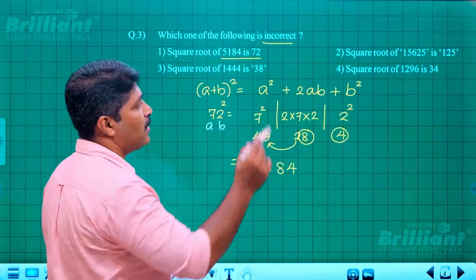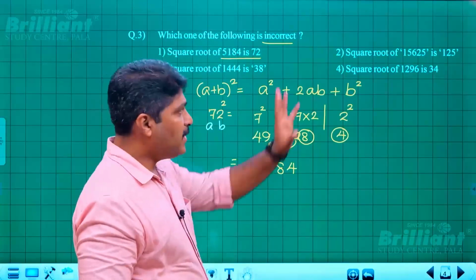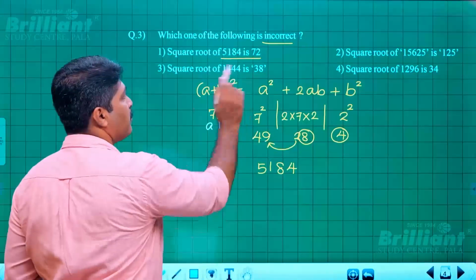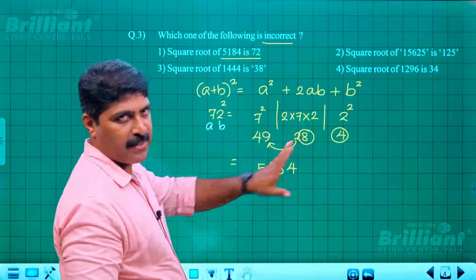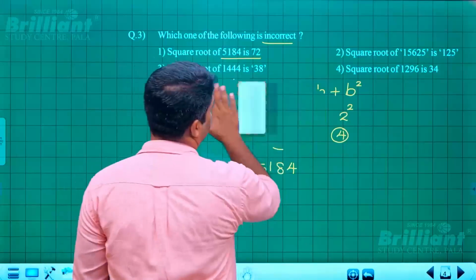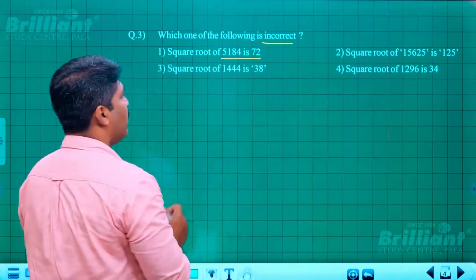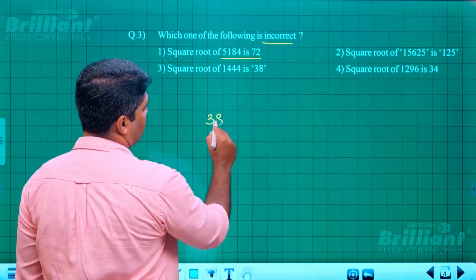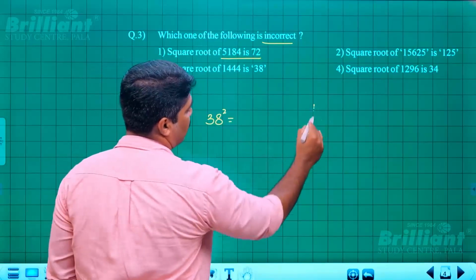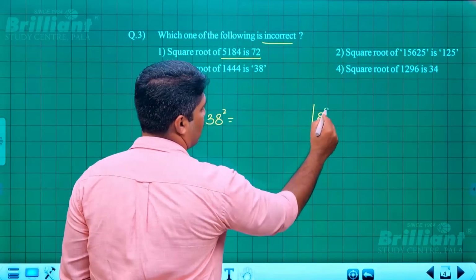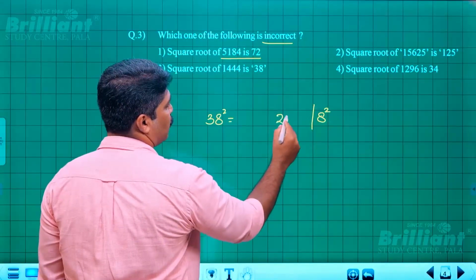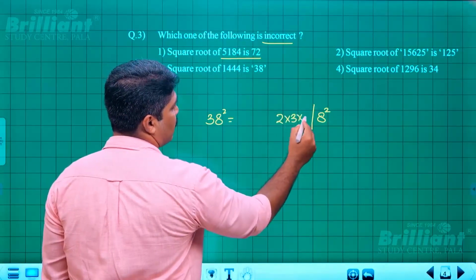Here we have to consider 125. Instead of considering 125, I am moving to 38 square by using the same method. Correct? By applying the same method, what is 38 square? Your first step is 8 square. The second step is 2ab, 2 into 3 into 8.